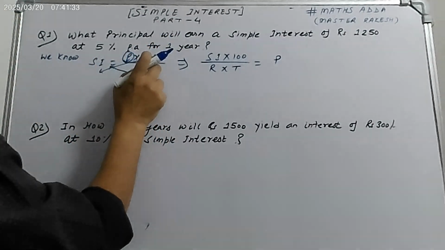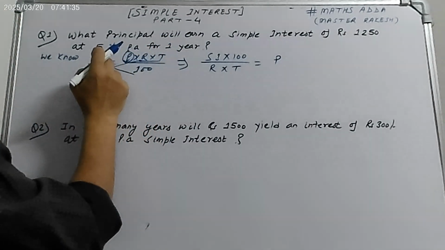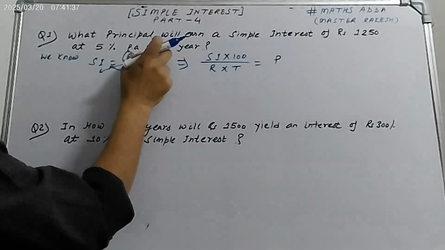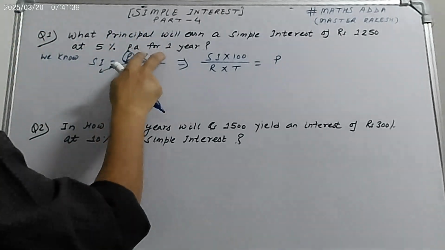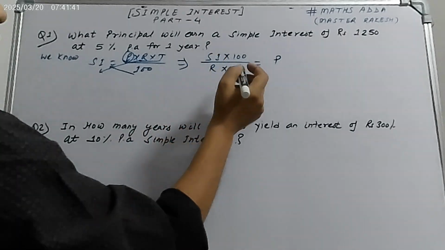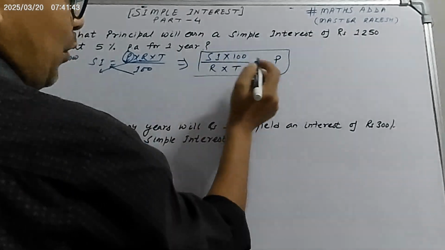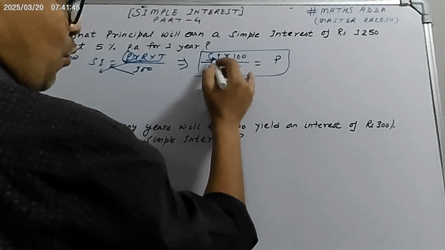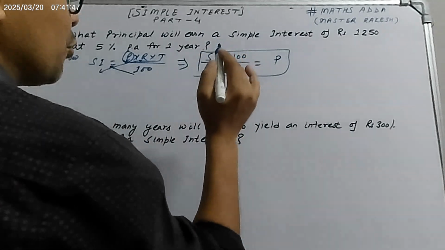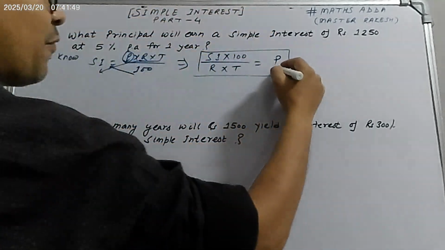Division will go into multiplication, multiplication will go into division. So it is going cross. The formula becomes this one. You can read it as P equal to SI into 100 upon R into T. So we'll use this formula.